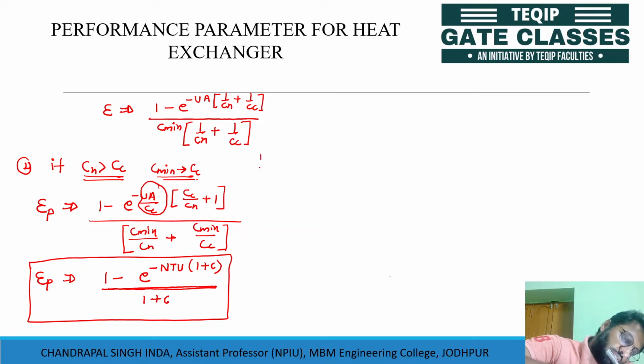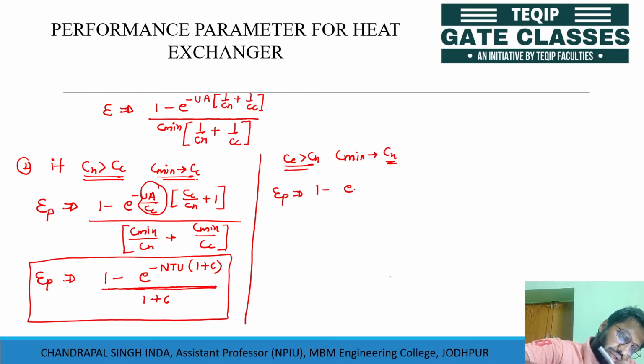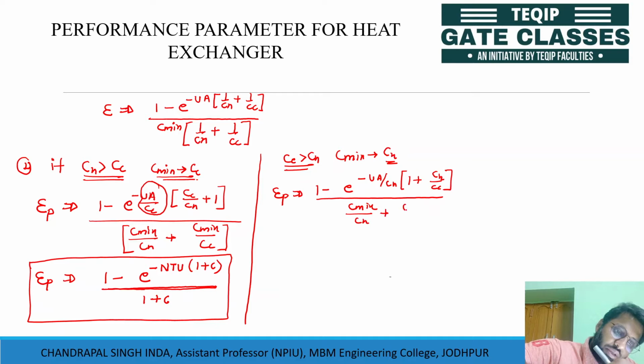The other case is in which Cc is greater than Ch. Here C minimum will be equal to Ch. In that case, the effectiveness of the parallel flow heat exchanger will be equal to 1 minus e to the power minus UA divided by Ch, times (1 plus Ch by Cc), divided by C minimum by Ch plus C minimum by Cc.